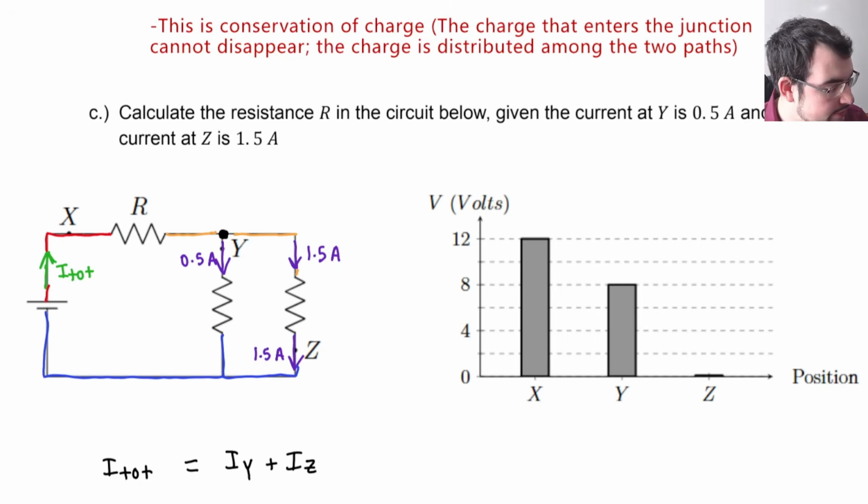So X is sort of our red color, would be 12 volts. Y is our intermediate potential, which is our orange color. And Z is at our low potential color, which is blue.